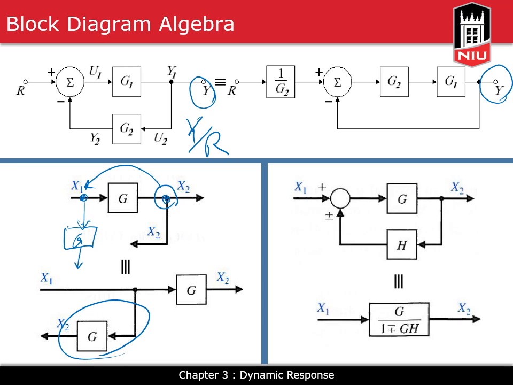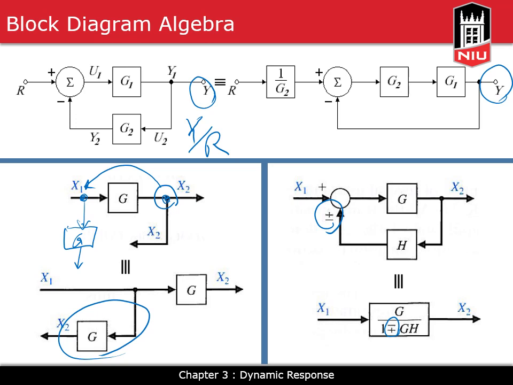This is what I was talking about as one figure that shows the transfer function of a feedback loop with positive feedback or negative feedback. You need to pay attention to the signs here. Positive at the top, negative at the bottom. Here you see you have negative at the top, positive at the bottom.